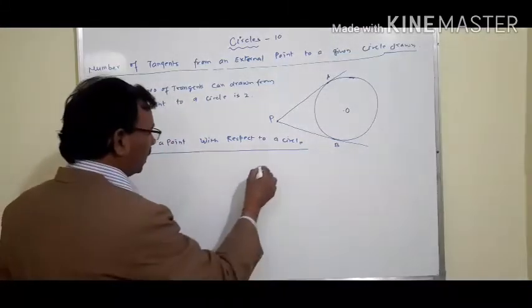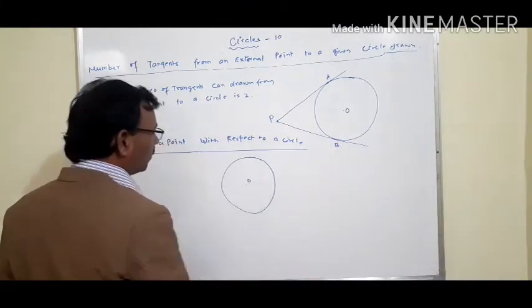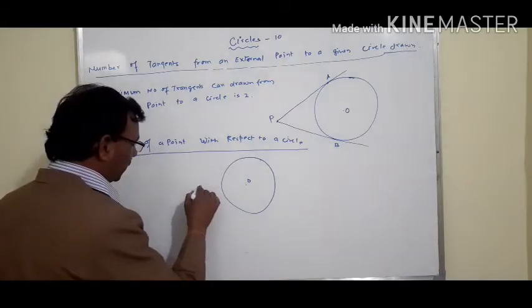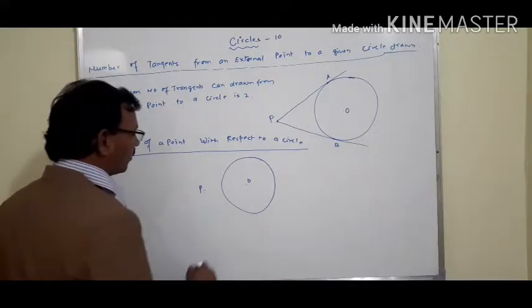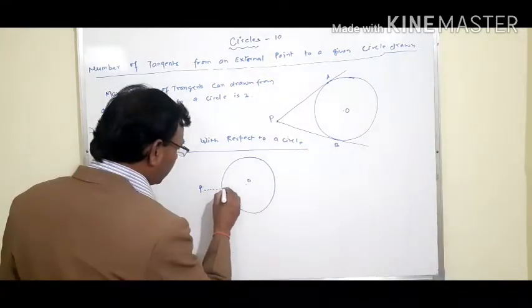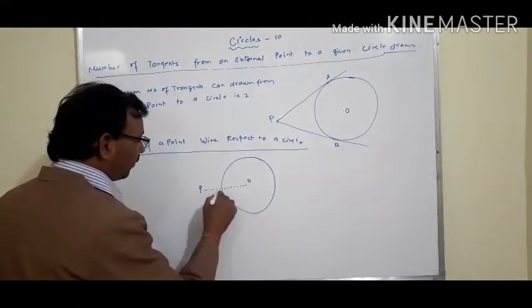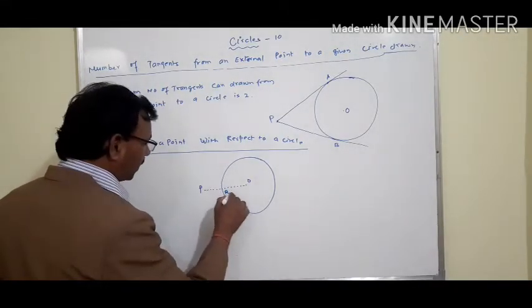Suppose this is a circle with center O and this is a point P. If we join OP, then this line OP meets the circle at R.